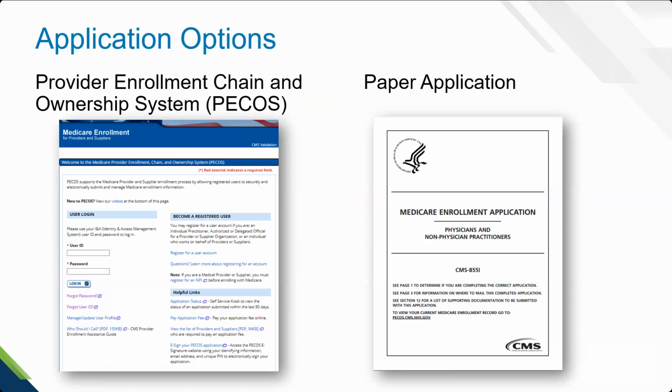Processing time is also significantly different. With a PECOS application, we can leverage some automations, particularly at this time with data entry. We can transfer the information that the provider or the user entered right into their enrollment record. It makes verifications a little bit easier, whereas with a paper application, it is manual entry.